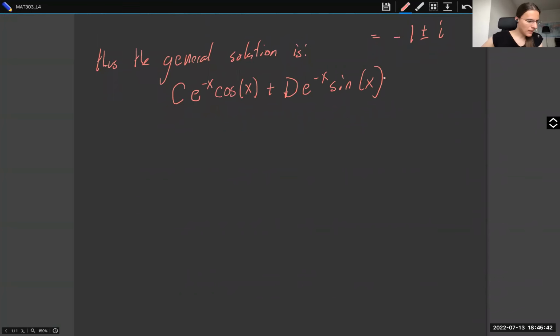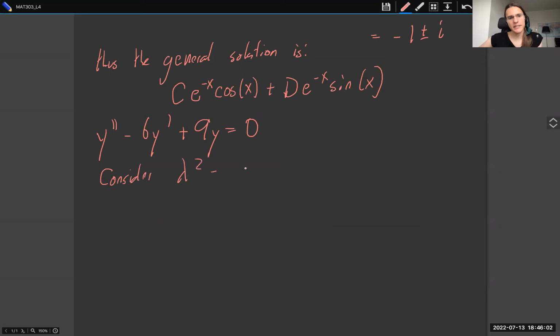And I guess as just a final example, what if we have y prime prime minus 6y prime plus 9y is equal to 0? So we consider lambda squared minus 6 lambda plus 9.